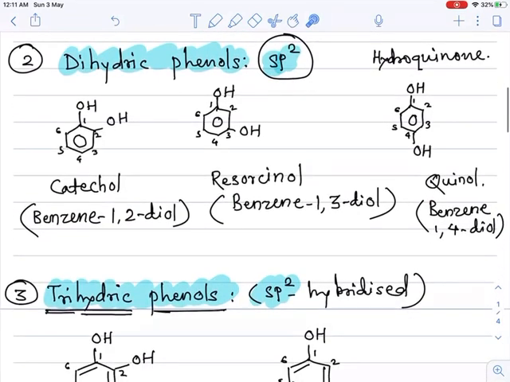The next class of phenol is dihydric phenols. Dihydric means 2 OH groups directly attached to the benzene ring.